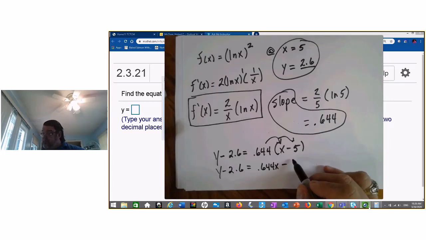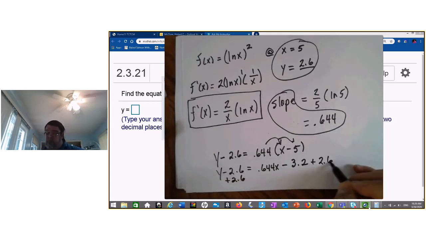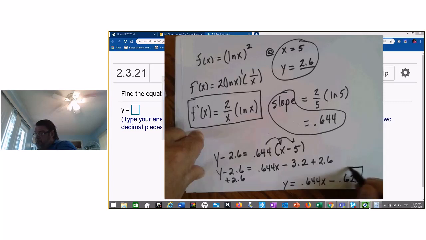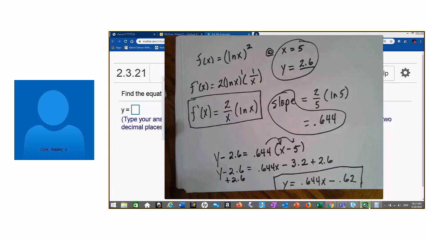Bring that 2.6 over. So that's plus 2.6. See what y'all get. I got negative 0.62. So y is equal to 0.644x minus 0.62. That should be your answer.